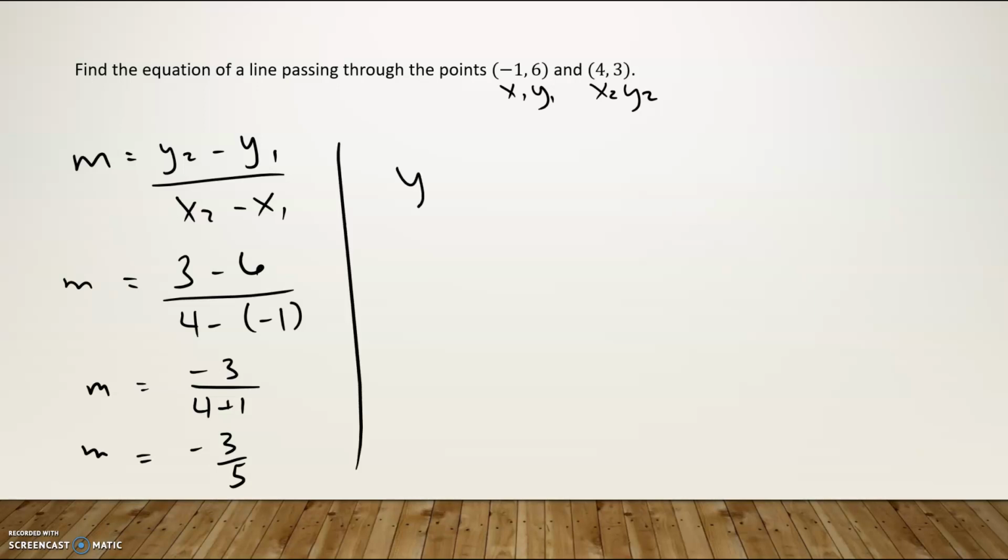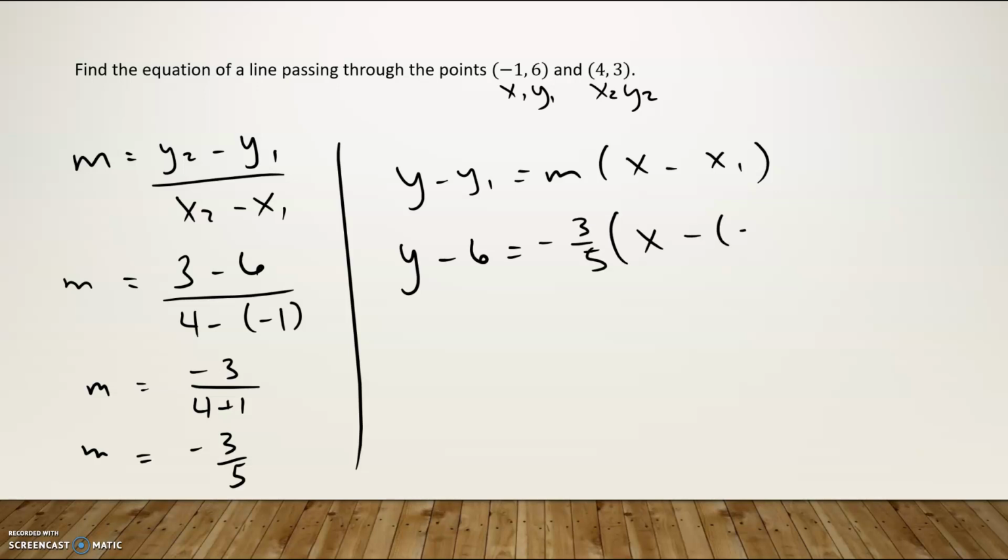Okay, and then we can use y minus y sub 1 equals m, x minus x sub 1. Again, we can use either point we want to. We'll just stick with -1, 6 since it's already labeled as x sub 1, y sub 1. So y minus 6 is equal to -3 over 5, x minus -1.